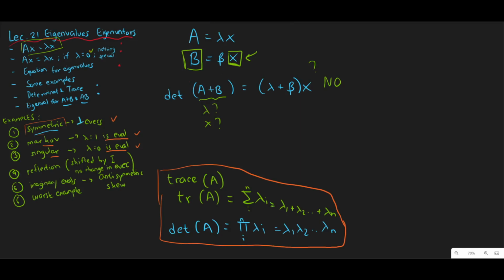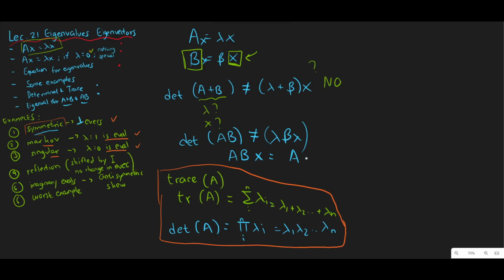The same case happens for the eigenvalues of the multiplication between them. Let me just write it clearly that it's not the case here, and also not the case for this. Imagine AB times x, some eigenvector, is equal to A times Bx.